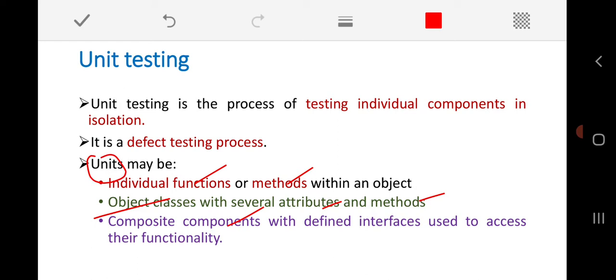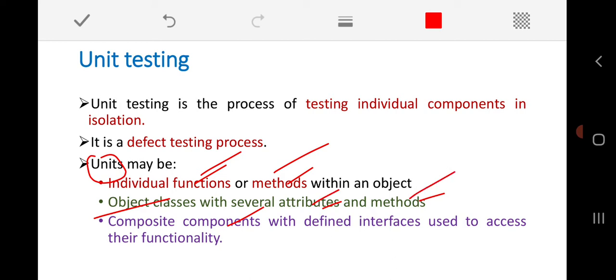Normally during the development stage, the person who is responsible for developing such functions or methods, or implementing any object class or program, that developer is held responsible for doing this unit testing. A method is a part of an object, because an object is a set of attributes and operations.